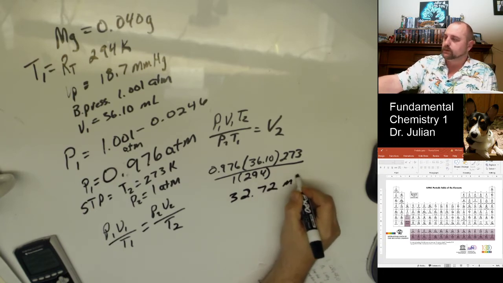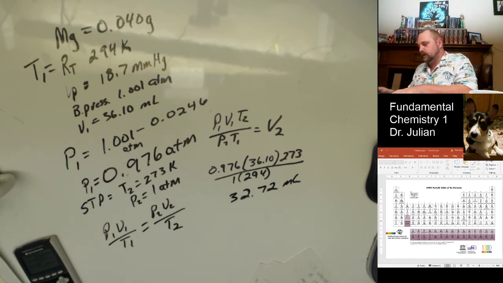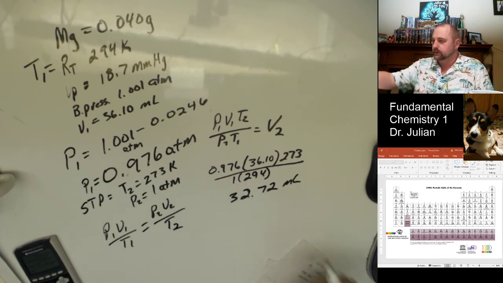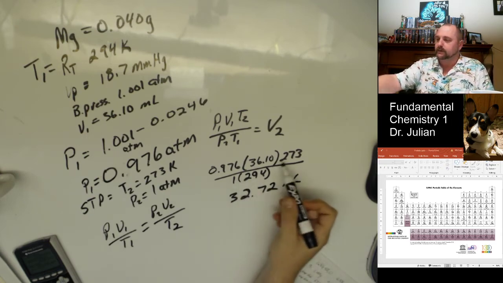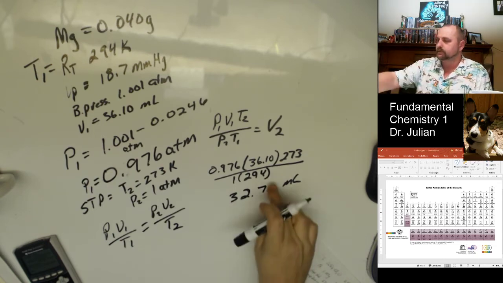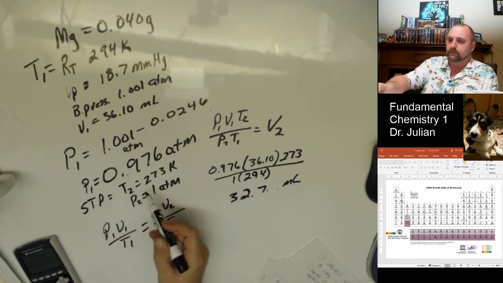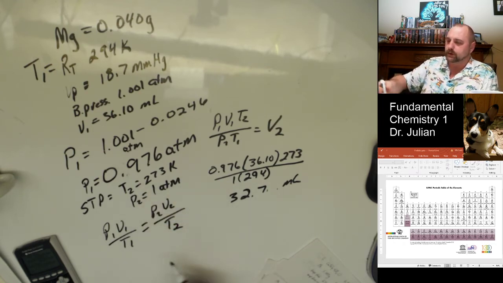32.72 milliliters would be our corrected volume. Alright. So I'll just leave it at 32.7 since we've got 3 sig figs up there, so 32.7 milliliters. Now if I take this and figure out percent error, we have 36.1.